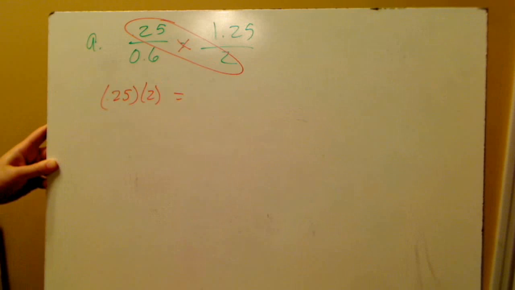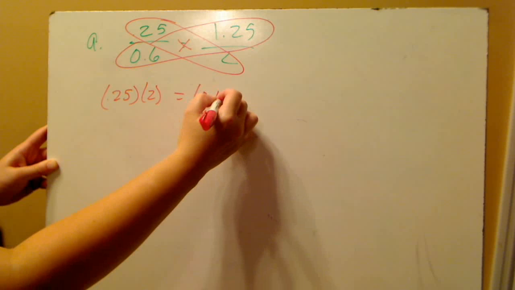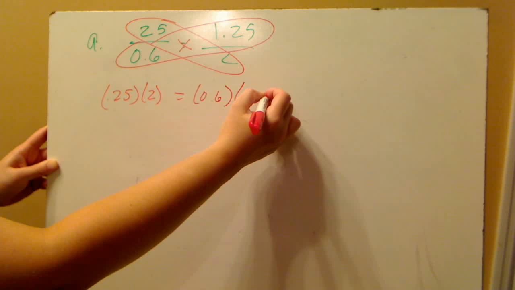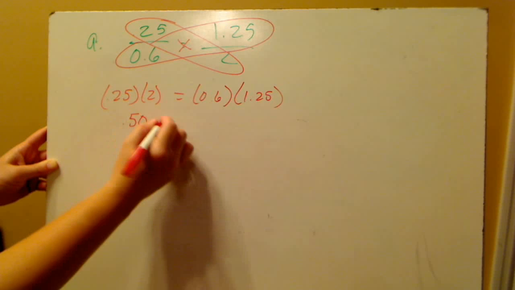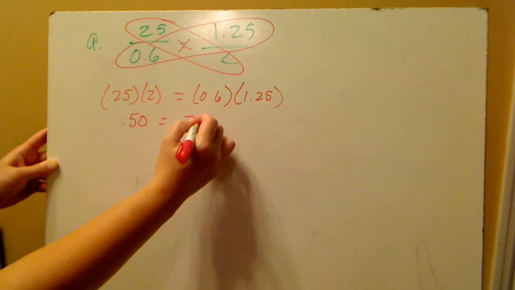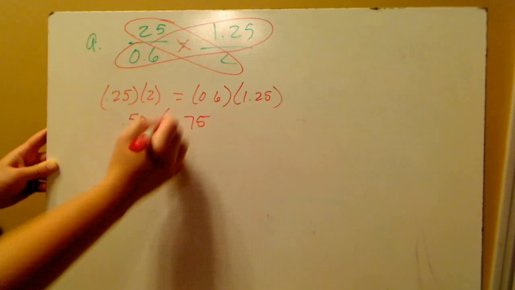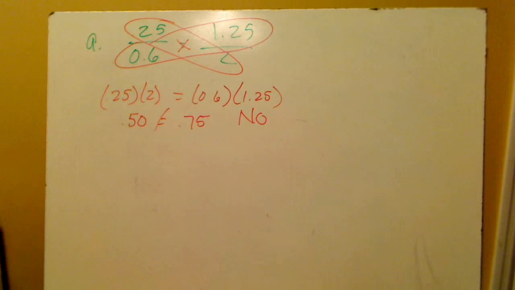Find out if it's equal to the other way, 0.6 times 1.25. 0.25 times 2 is 0.50. And then 1.25 times 0.6 gives me 0.75. So in this case, they're not equal, therefore, no, it is not a proportion.